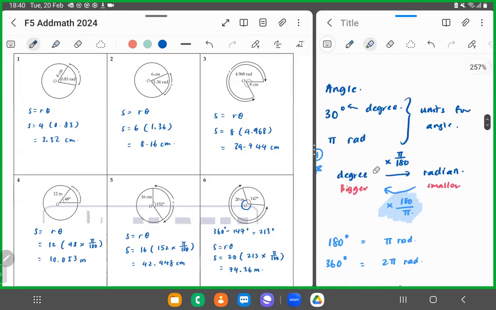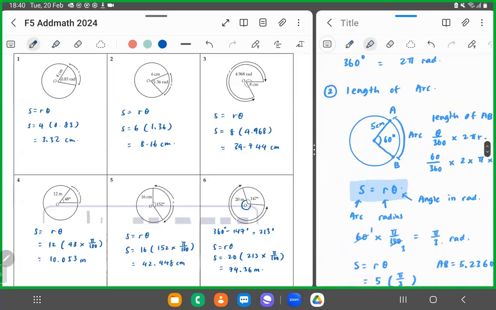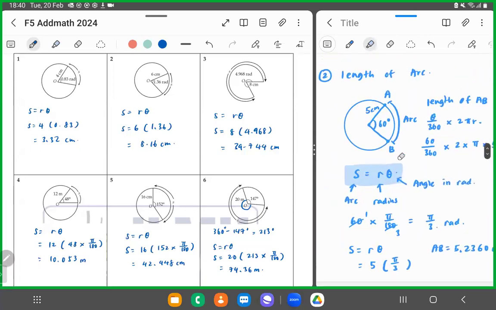If you have degree to radian, times pi over 180. Radian to degree, times 180 over pi. Maybe you need to rewatch the recording later, so that you can catch up. So the formula we have here is S equals R theta. S refers to the length of the arc here, equal to radius times theta, where theta is the angle in the unit of radian.